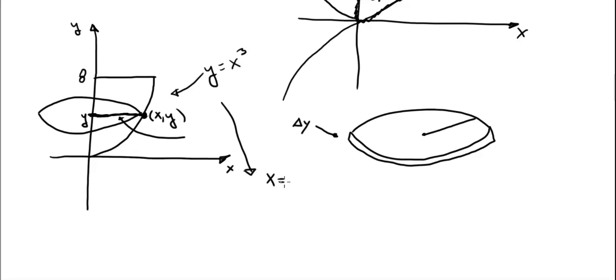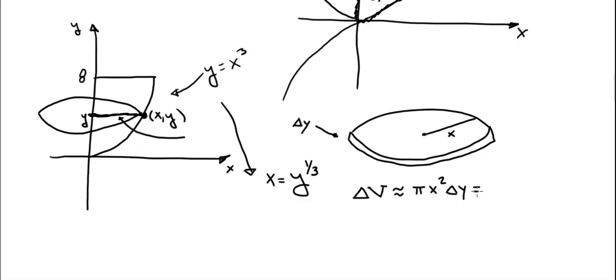x equals, we take the cube root of both sides, x equals y to the 1/3. So the slice of the volume, the piece of the volume corresponding to y, we're going to call it delta V. This means it's approximately the area of its base, which is pi times x squared, times the thickness, which is delta y.